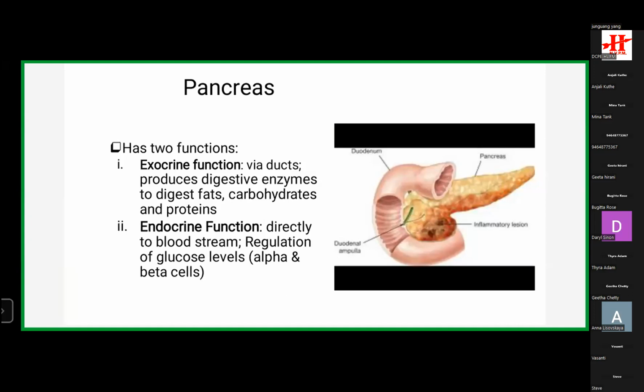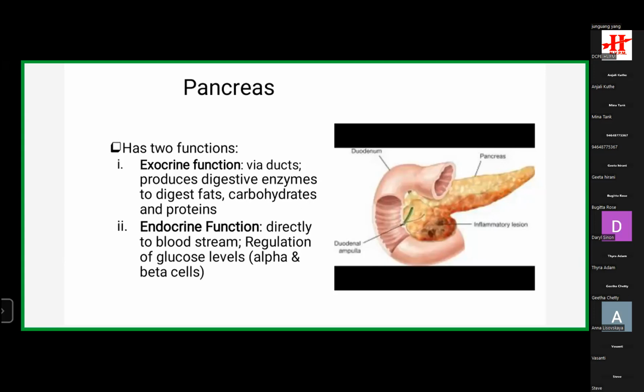The pancreas plays a very important role by secreting pancreatic juice. This pancreatic juice helps to digest fats, carbohydrates, and proteins. These are known as the macronutrients of the food. You may know about micro and macronutrients of the food.